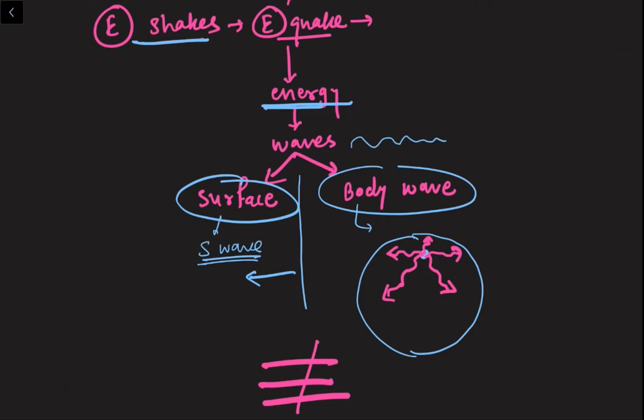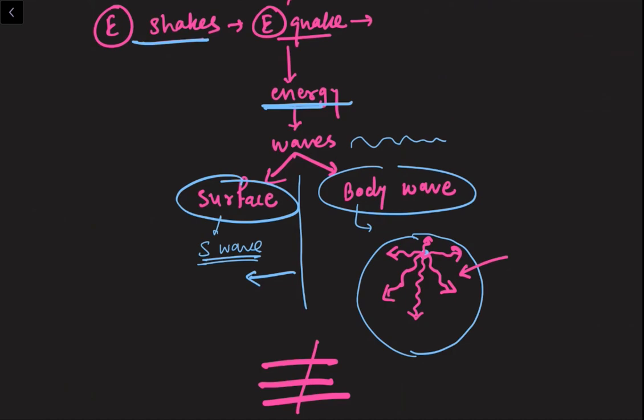Because of that, earth shakes, earthquake happens, and from this point towards every other direction, waves start moving. Inside of the earth's crust, those waves we call body waves.